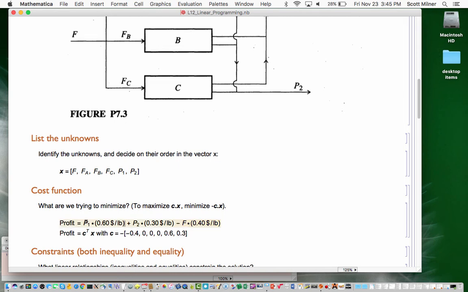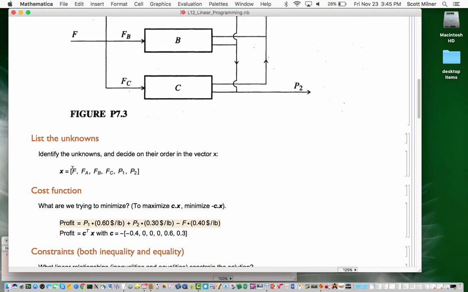So the products were P1 and P2, and they each have their price of 60 cents a pound and 30 cents a pound, and the feed has a price of 40 cents a pound. So the profit then is 0.6 P1 plus 0.3 P2 minus 0.4 F.